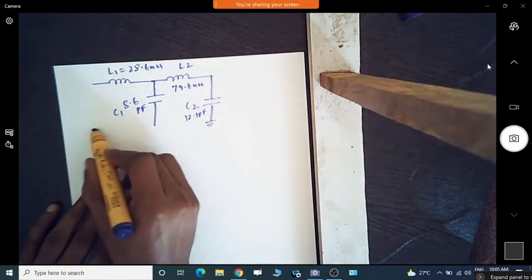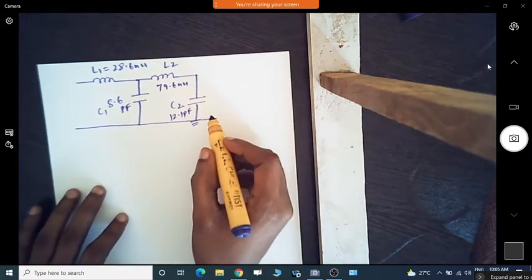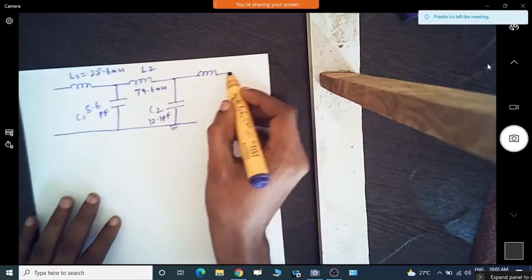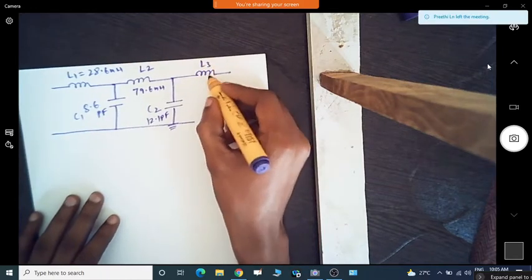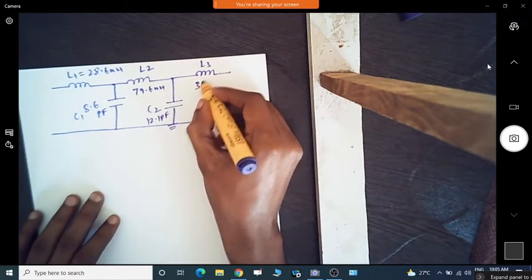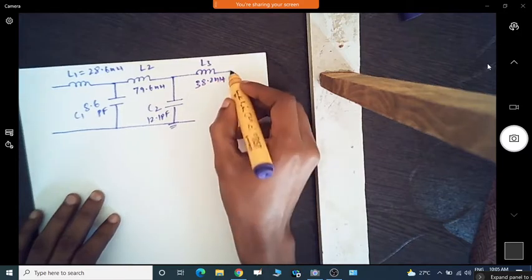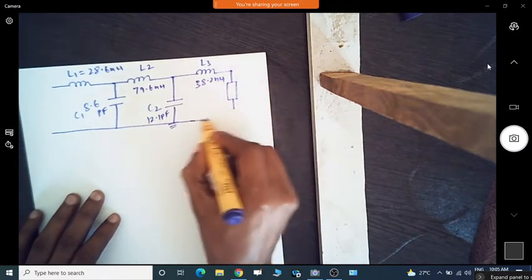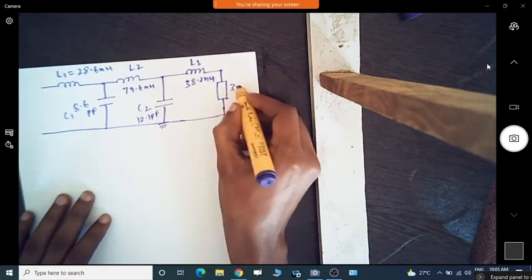Okay, we can connect like this, and then we have the inductor L3, which is equal to 38.2 nanohenry, connected to a load value of 300 ohm.